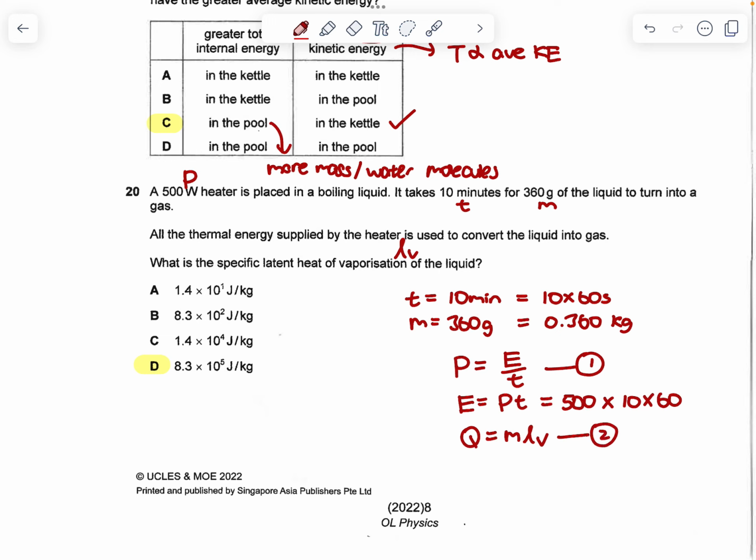As we know, Q is the same as E. So we can actually sub in 500 times 10 times 60 equals the mass, 0.360, times LV. And we can find what LV is.